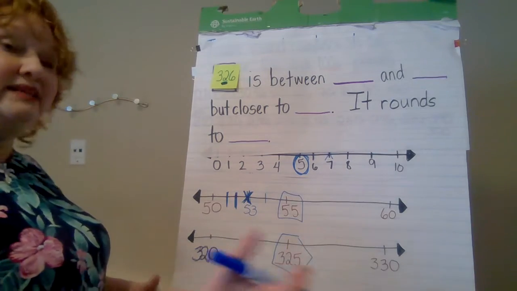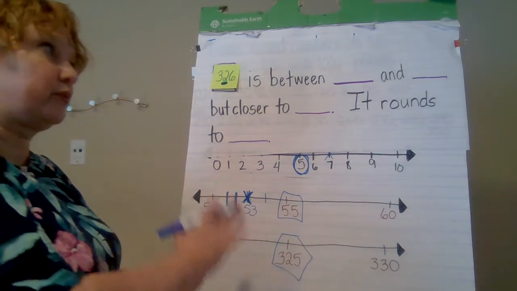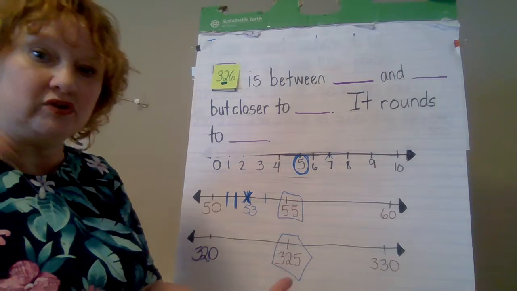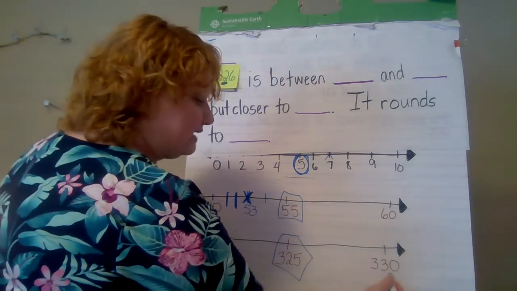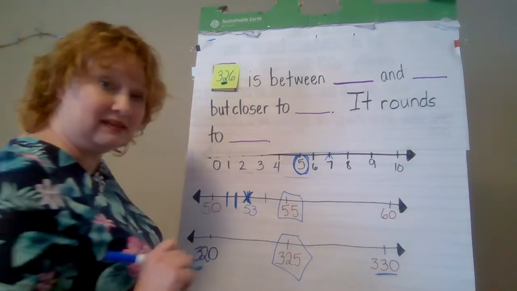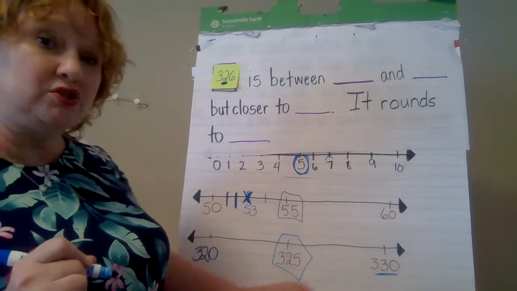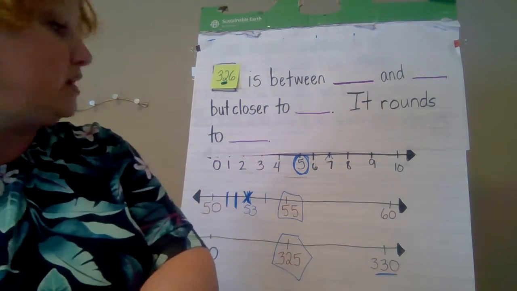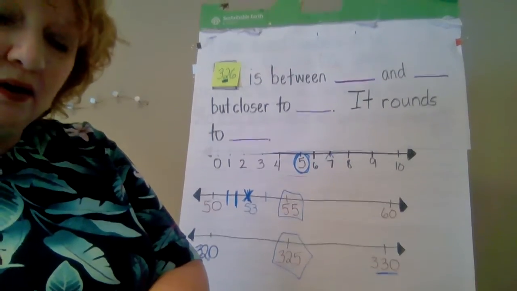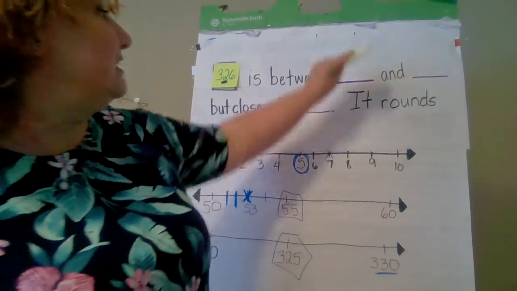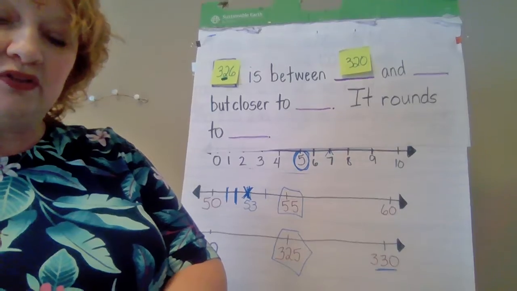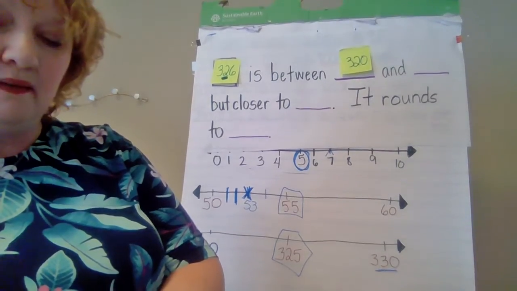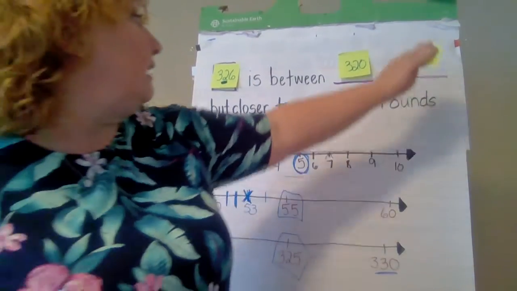What is the next number if we're counting by tens? 320, 330. So that is our number at this end of our chart. So we put those numbers in. Now, since we know what it is in between, we're going to fill that part of our sentence in. It's between 320 and 330.